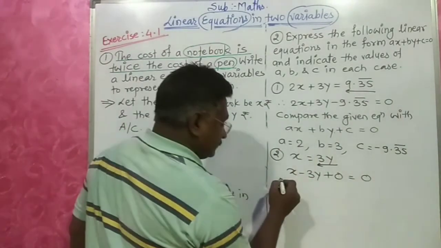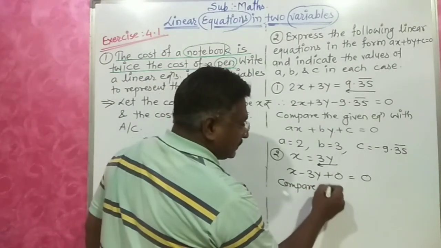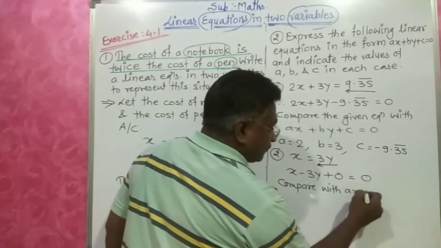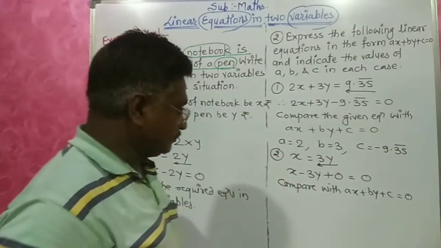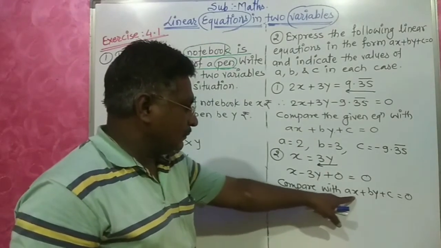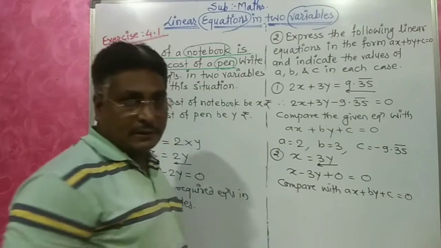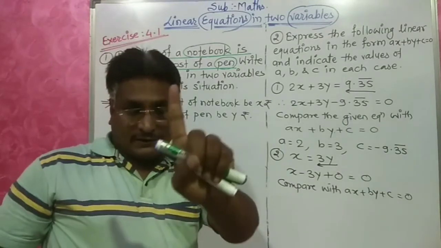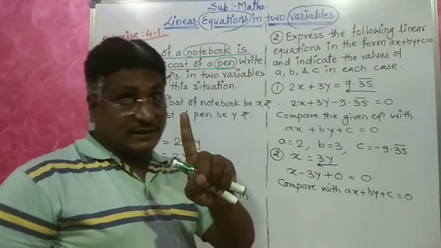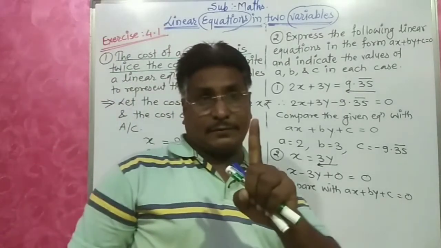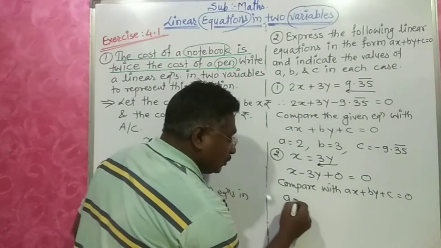Now compare with ax plus by plus c equals 0. So now what will come? Ax, here x. So with x no number is there, which number is there? 1. If a number is not there, it means 1 is there. 0 is not there, remember. So a equals 1.